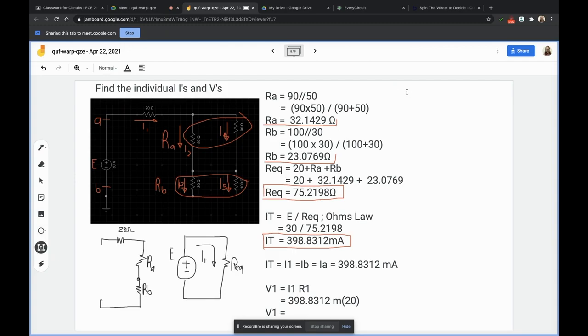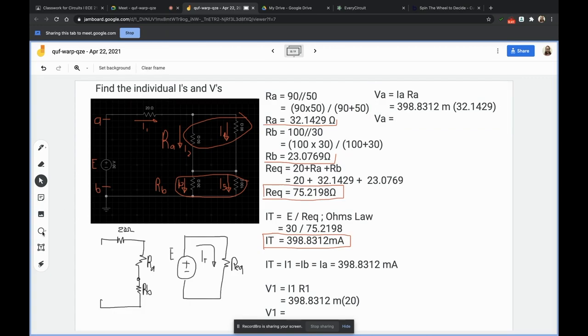Then we will also have VA equal to IA RA. RA is 32.1429. Okay. So may VA ka na.